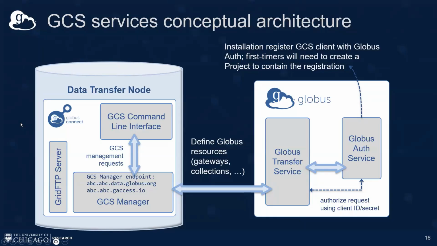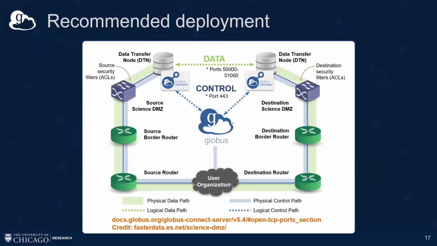Data transfer nodes, well, ideally, we want them in the Science DMZ. We refer to the excellent website from Energy Sciences Network about the whole concept of the DMZ, but you want to ensure a friction-free transfer of data between your endpoint and the outside, whatever parts of the outside world you want to be able to communicate with, right?